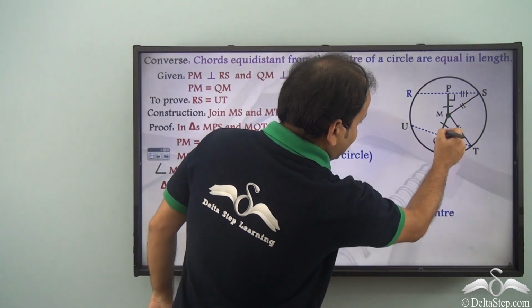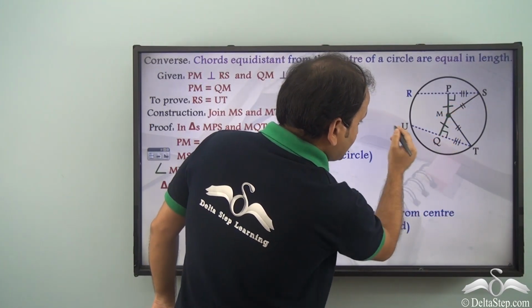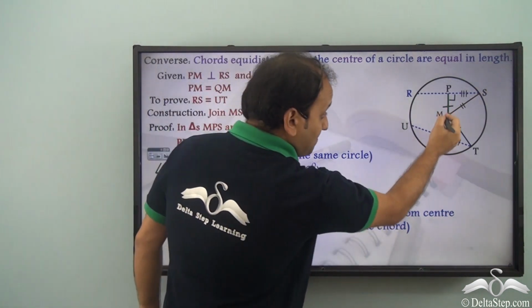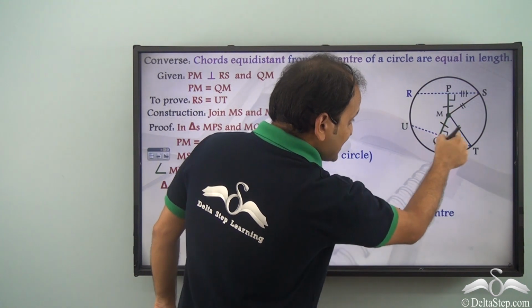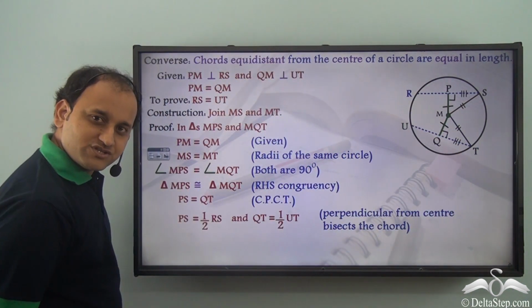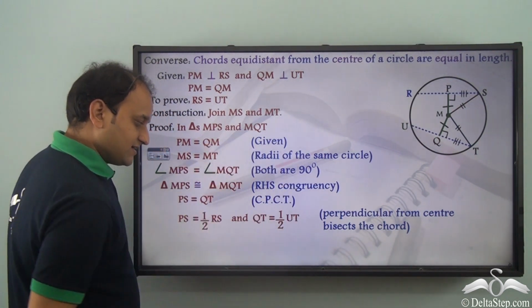Similarly, in this case, QM is a perpendicular dropped on UT. So, again, we have a perpendicular bisector in this case. It bisects the chord UT at Q. So, we can say that QT is 1/2 of UT. So, QT is equal to half UT.